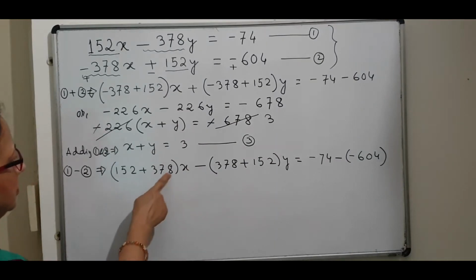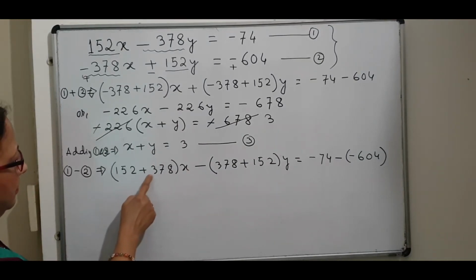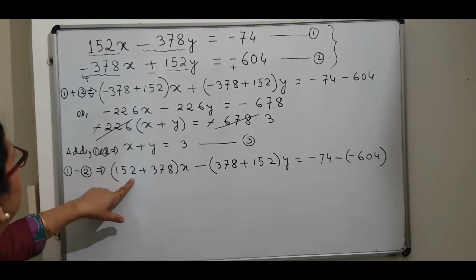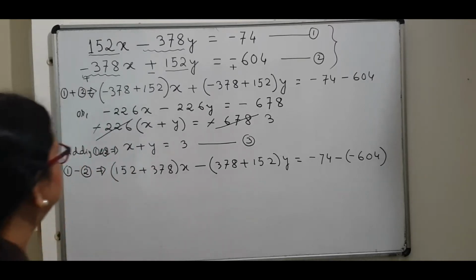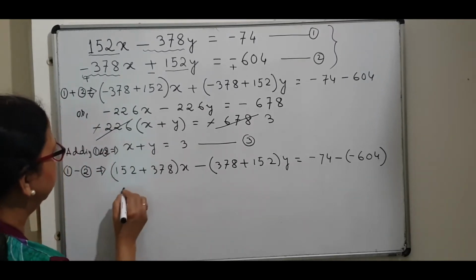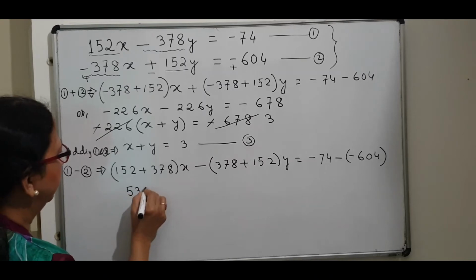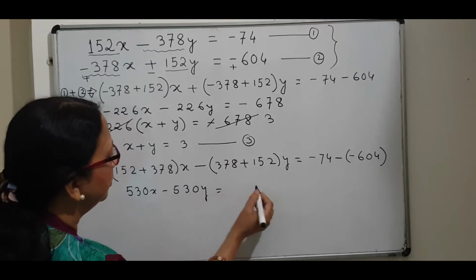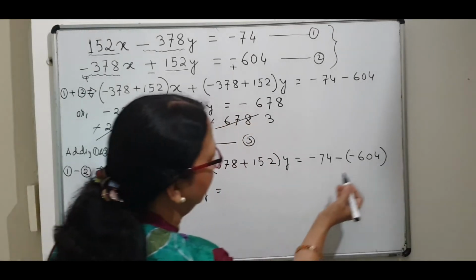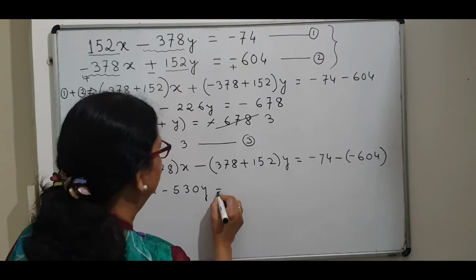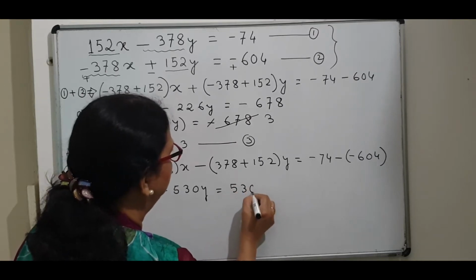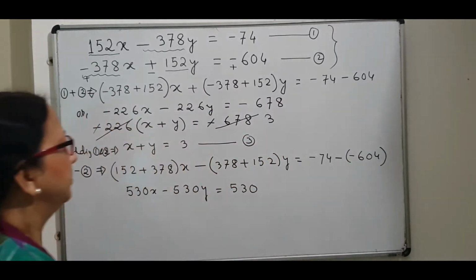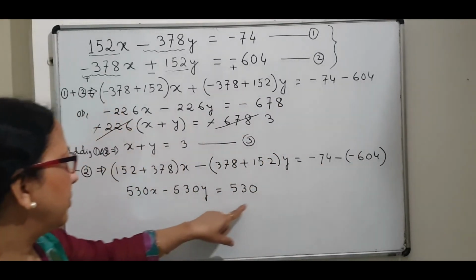The sum of these two is 530. So it is 530 x minus 530 y is equal to minus 74 plus 604, which is plus 530. 604 minus 74 is also 530.